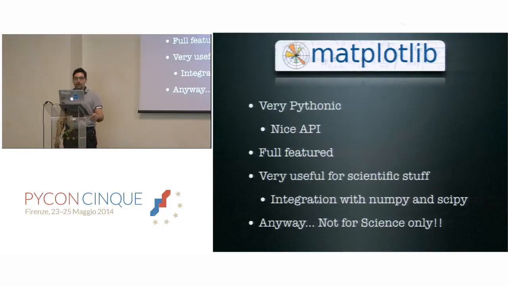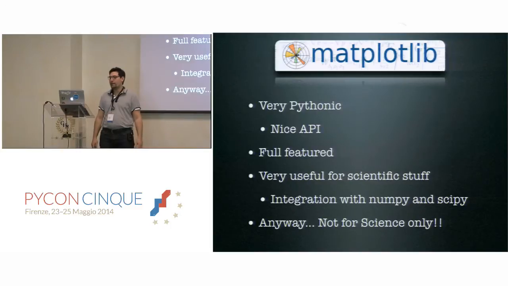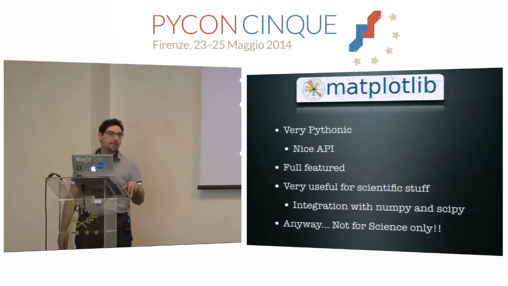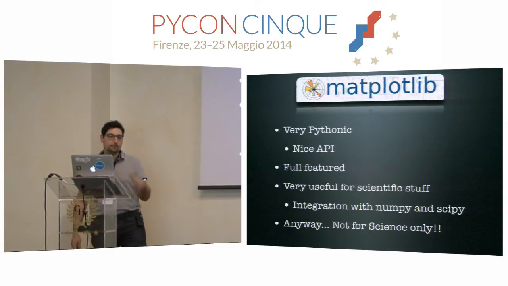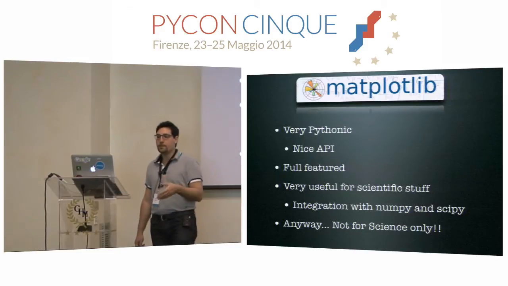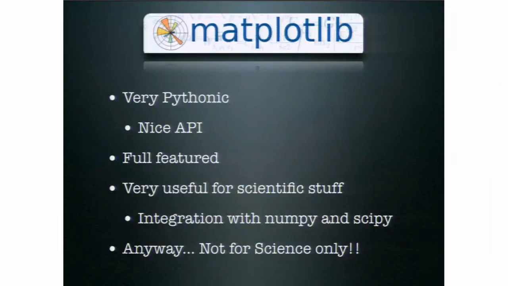What about Matplotlib? Matplotlib is very Pythonic, has a nice API. I wrote before nice and intuitive, but I removed intuitive because sometimes it may not be so intuitive. Anyway, I think that it has a nice API that is very Pythonic because it provides the same features if you want to use them in an object-oriented way instead of a functional way.